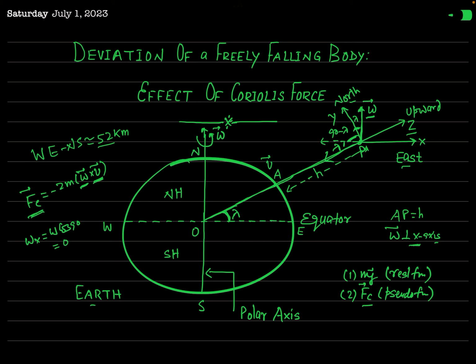It means after dropping from point P, the body attains a velocity v when it is just about to reach the surface of the earth. And let us say the body reaches the surface of the earth at a time t. We consider it. Okay. So what will be this v?